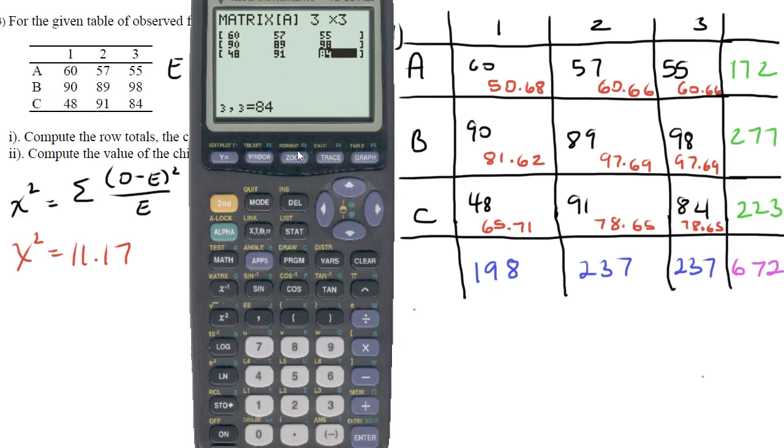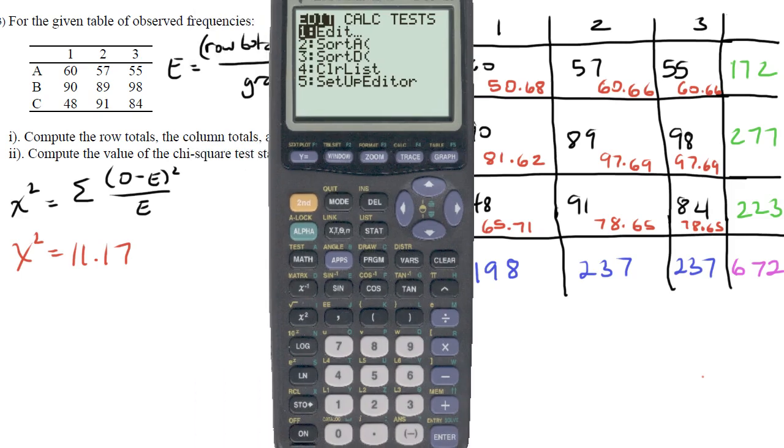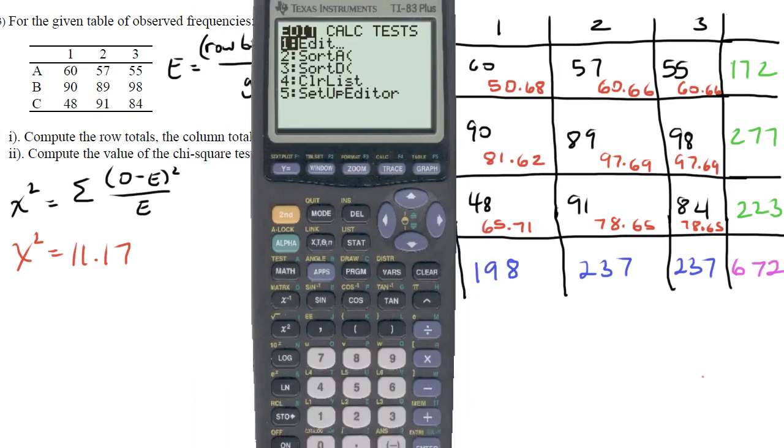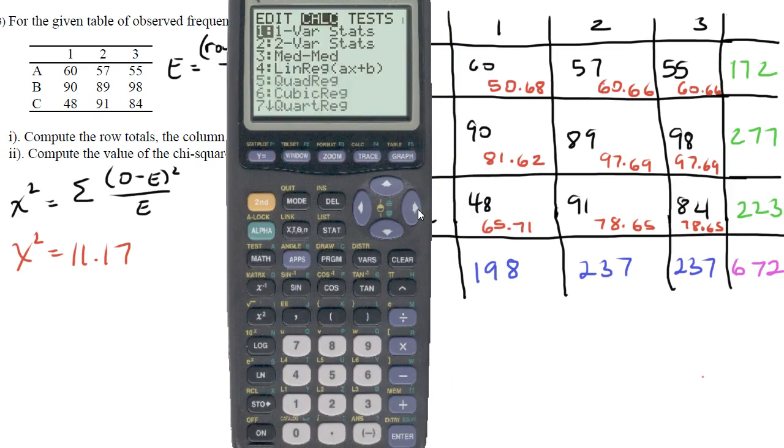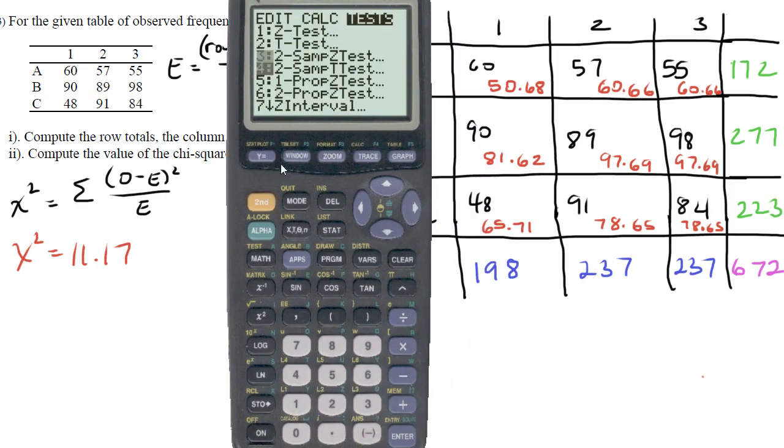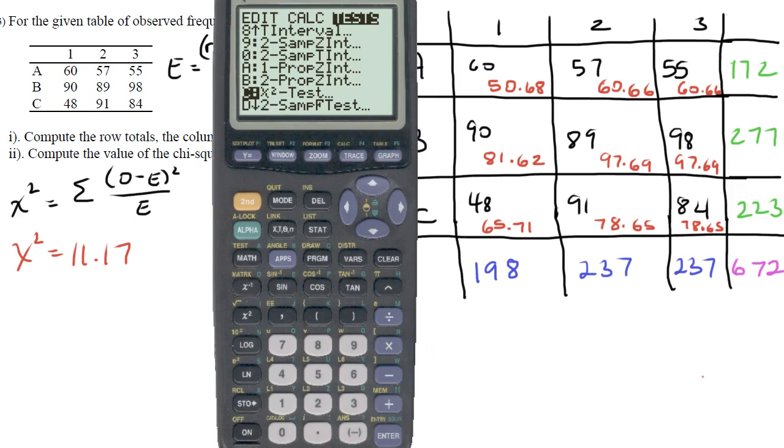And now the calculator is going to do all of these calculations. How? Go to stat. This is in effect the test statistics. So I'm going over to tests, and then I go down to the chi-squared test.